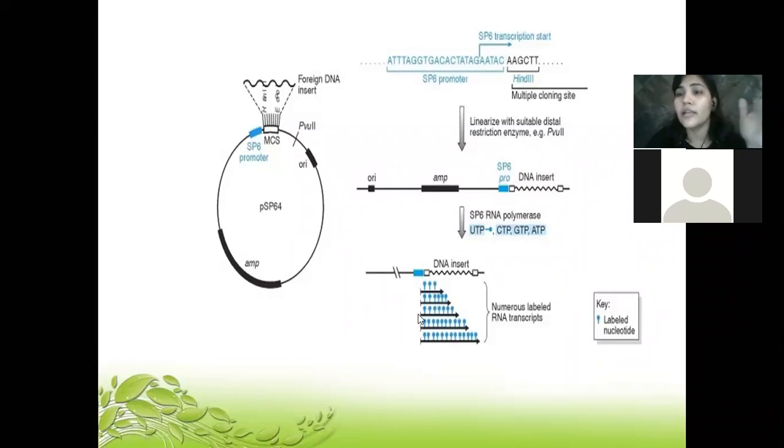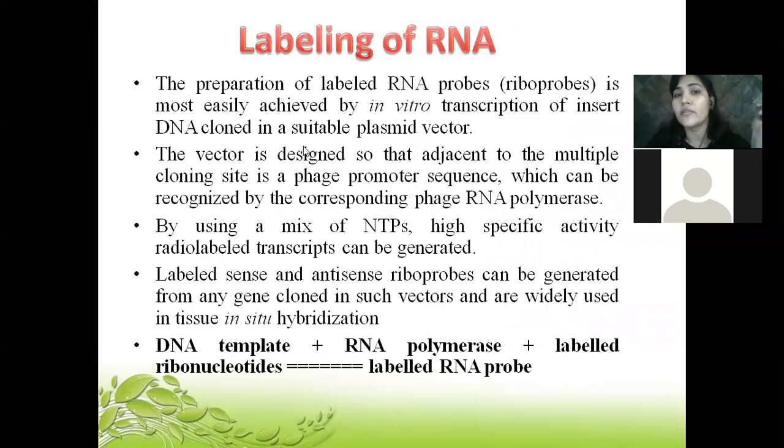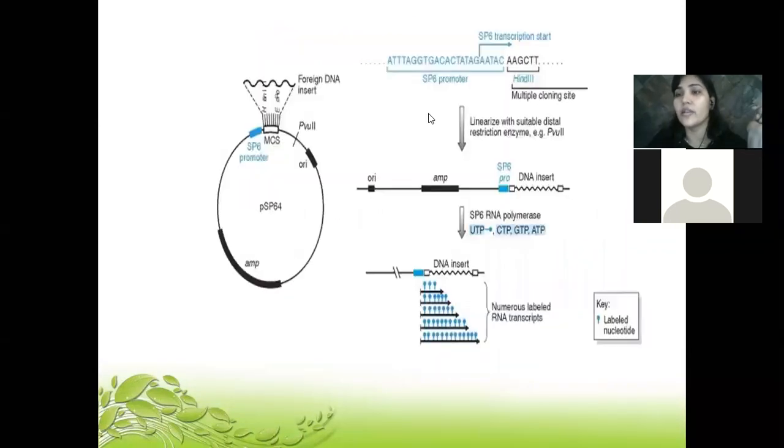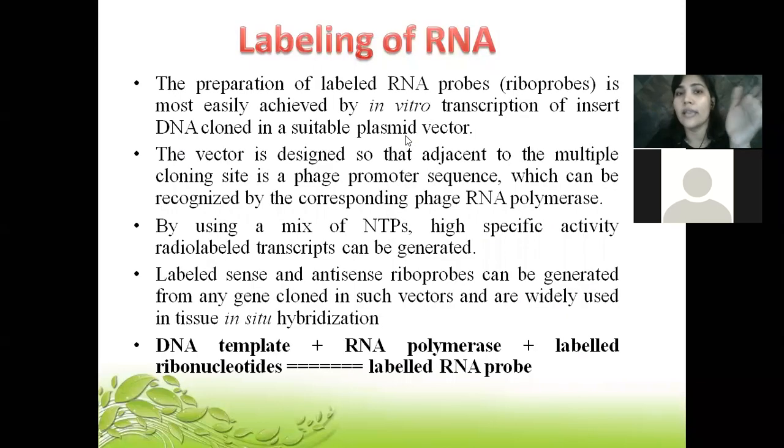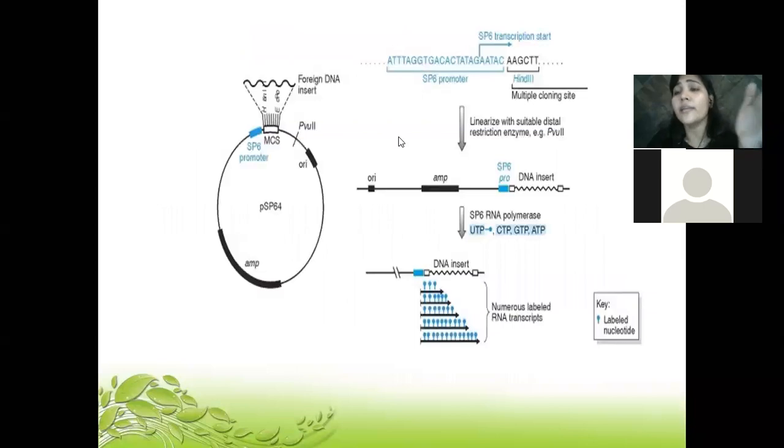The only thing is that you are not going to use a normal double-stranded DNA. The DNA that you are going to use to make these labeled transcripts has to be this particular suitable plasmid vector DNA where your DNA of interest is cloned inside the plasmid vector. Okay, so that is the only part you must know in this method for generating labeled transcripts.